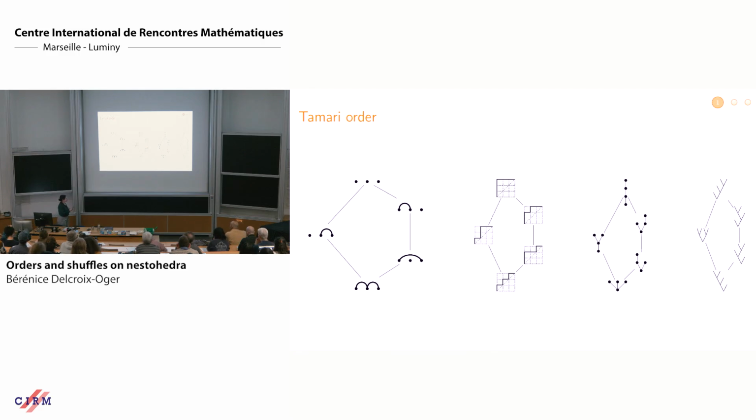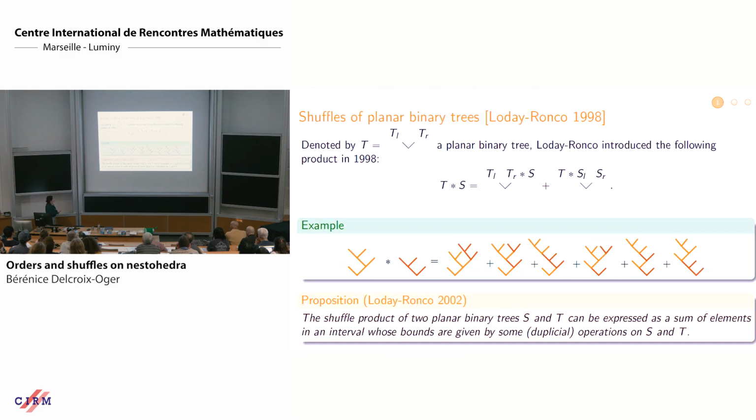In fact, what's important to me is not really the definition of the Tamari order, it is the link between the Tamari order and, once again, some Hopf algebras. So Loday and Ronco introduced a Hopf algebra on planar binary trees in 1998. So once again, instead of shuffling words, we shuffle planar trees.